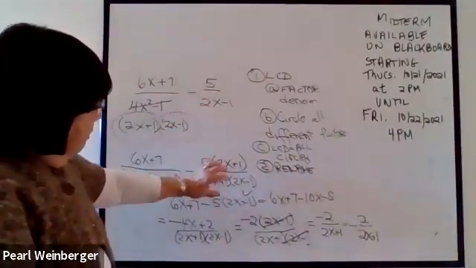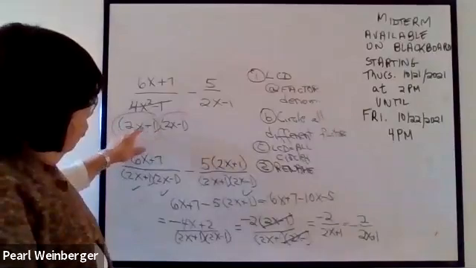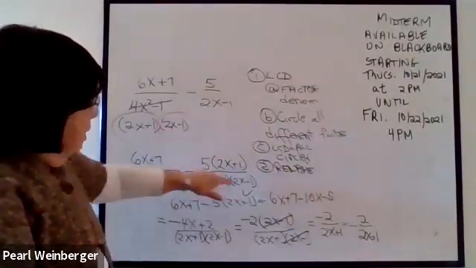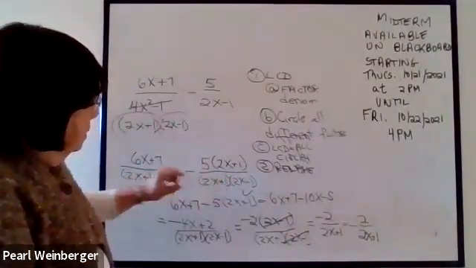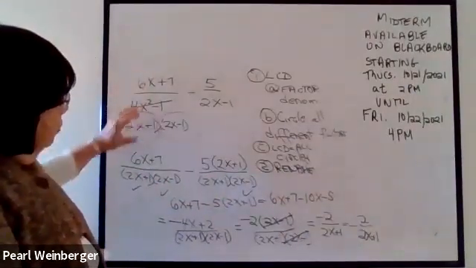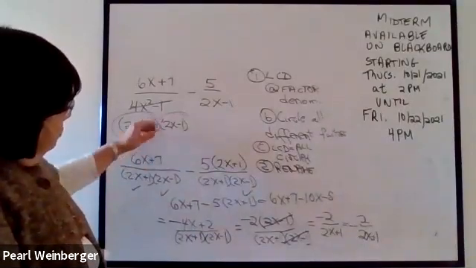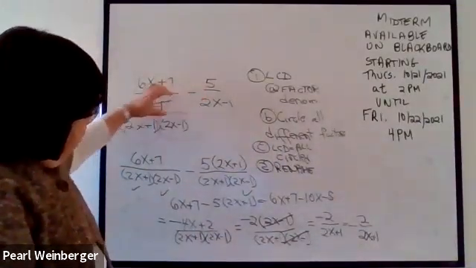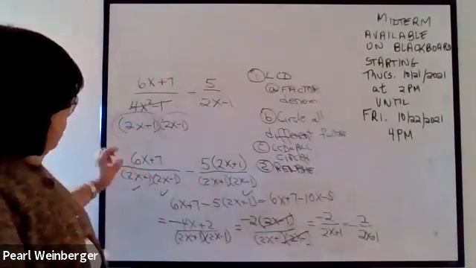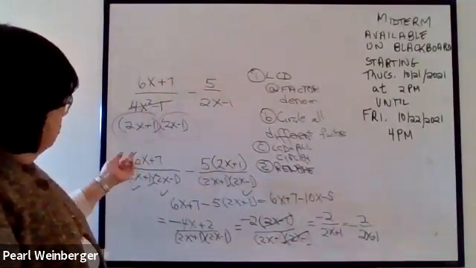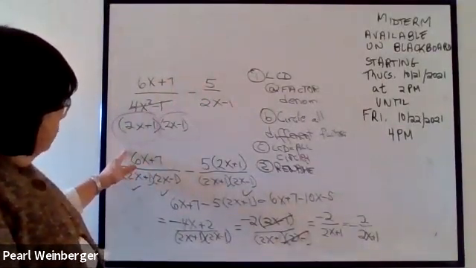Once we have everything factored, then take all the different factors and make that your common denominator, and then compare your original denominator to your LCD. If you see anything, when you divide one into the other, whatever you're left with is your answer. That's what you have to multiply your numerator by.